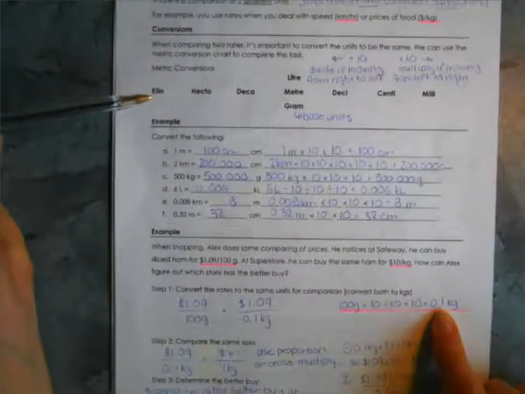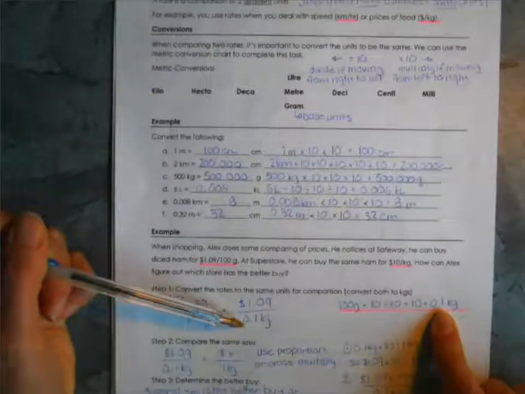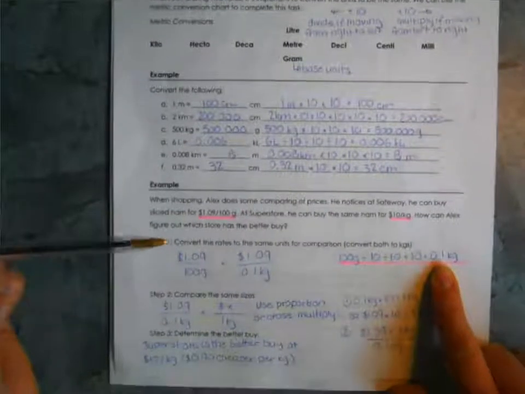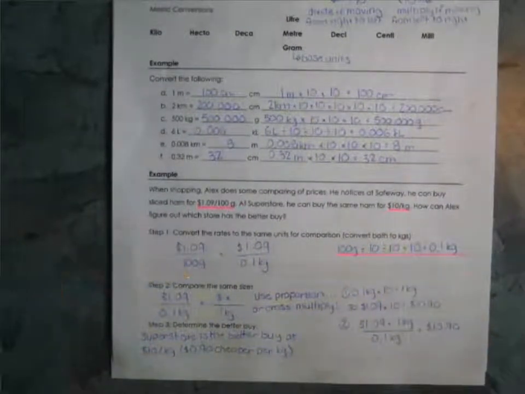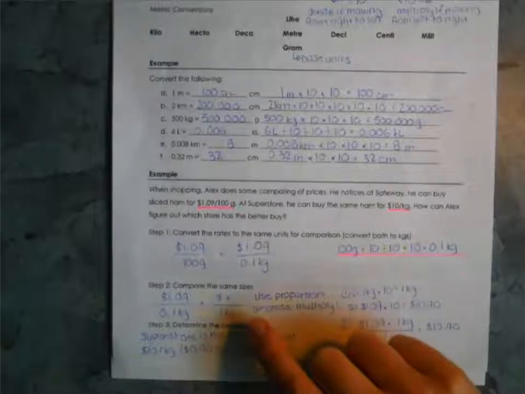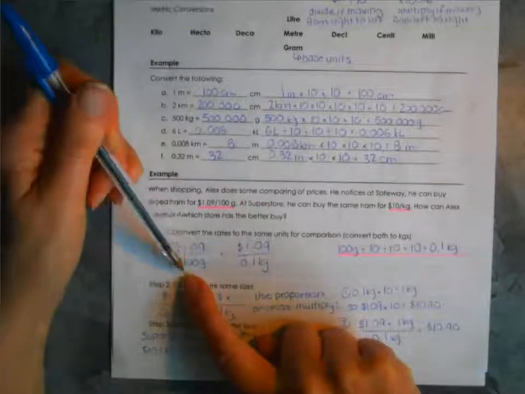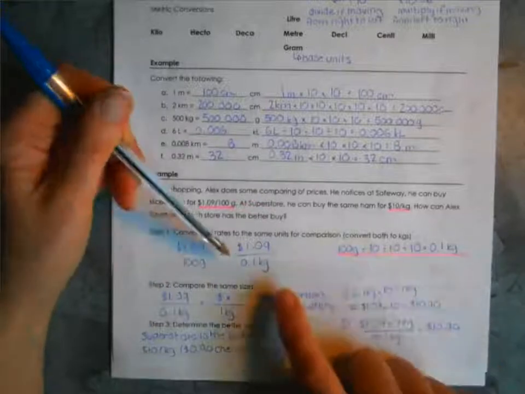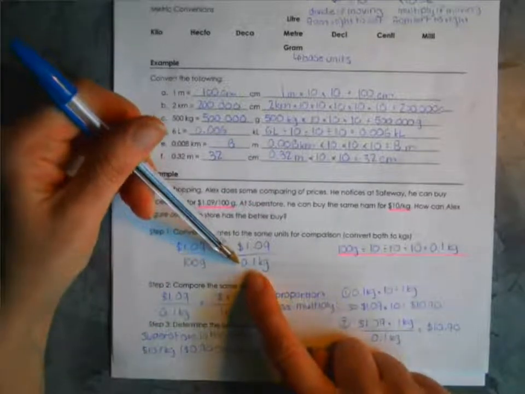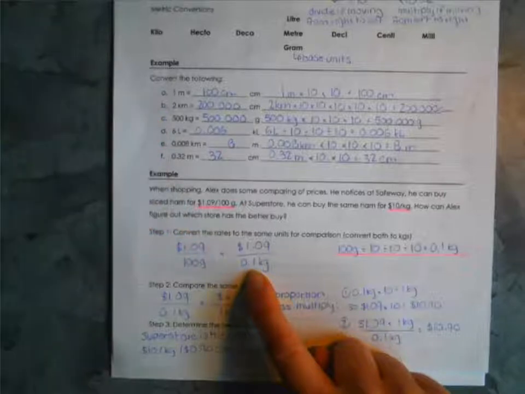And so if I do that, I end up with 0.1 kilograms. Okay, now one important thing to be aware of that a lot of students make mistakes with here is we've divided this bottom part by 10 3 times so that we have the equivalent mass in 0.1 kilograms.